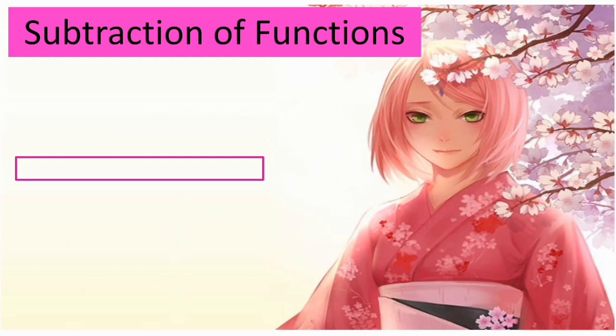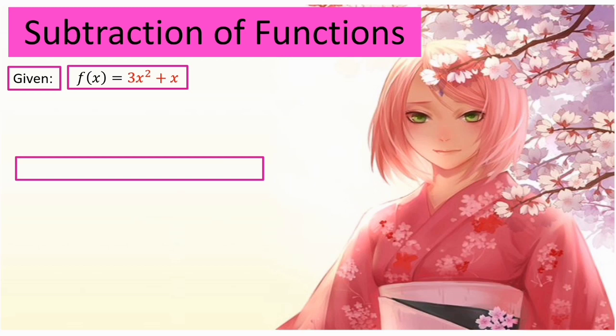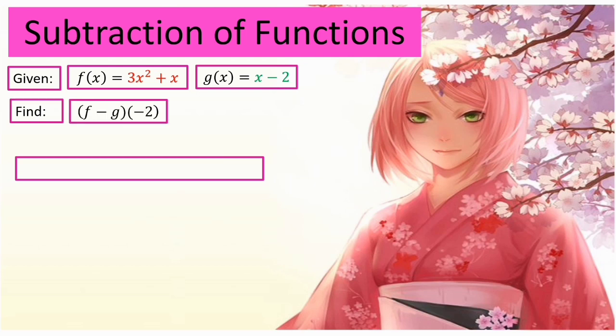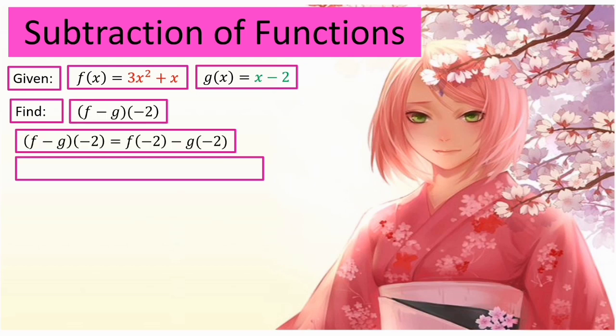Subtraction of functions. Given f of x is equal to 3x squared plus x and g of x is equal to x minus 2. Let's find f minus g of negative 2. We all know that f minus g of negative 2 is f of negative 2 minus g of negative 2. So, f of x minus g of x is equal to 3x squared plus x minus the quantity of x minus 2.